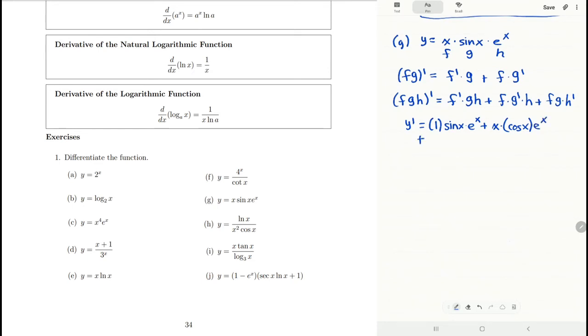And then lastly, we have f times g, so x times sine of x, multiplied by the derivative of h, which is e to the x. And so if you want, you can factor out a common factor of e to the x out of all three terms, and we're left with the sine of x plus x times cos of x plus x times the sine of x.